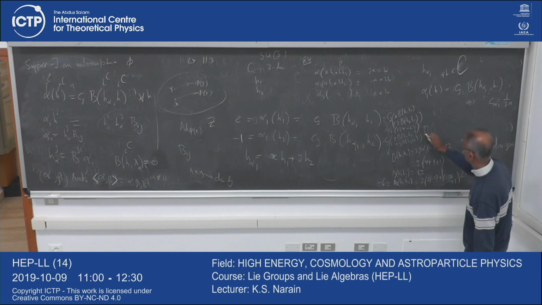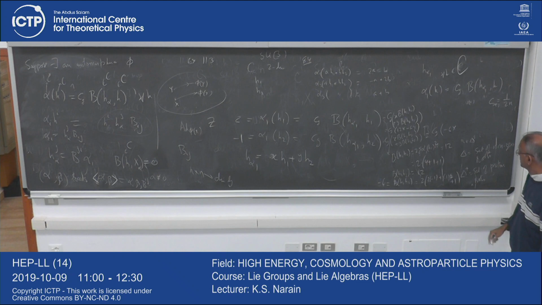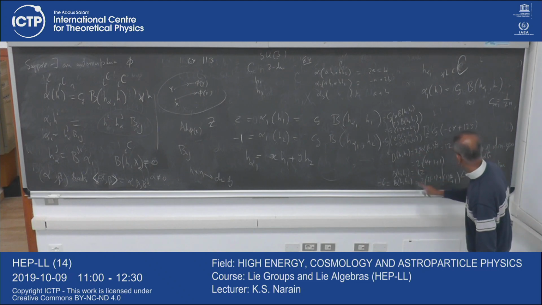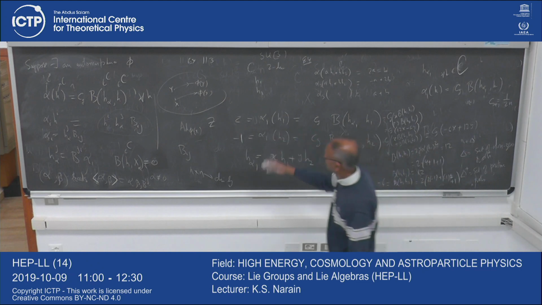Again we use this: CG times minus 6x plus 12y. Is it 12? Yeah, y times 12. Okay, so those are the two equations.